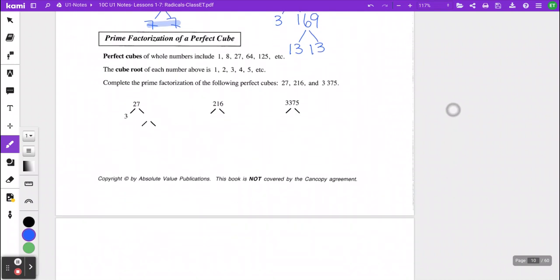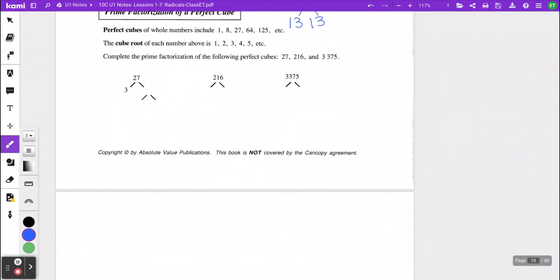Moving on to perfect cubes, we're going to break down 27. It has a 9 that breaks down into a 3 and a 3. So if it's a perfect cube, the number occurs in triples. Okay, so the number, your factor, occurs in triples.